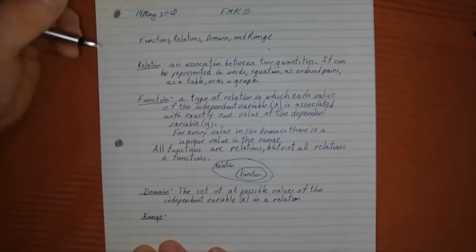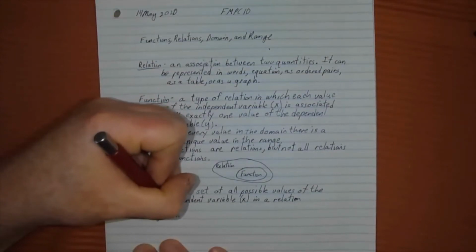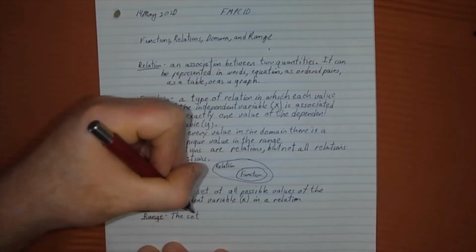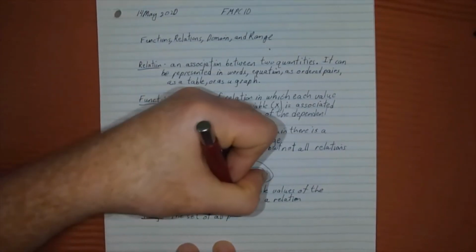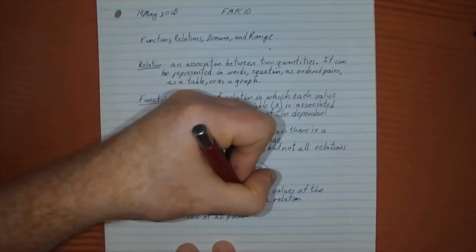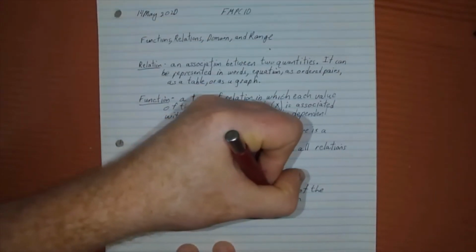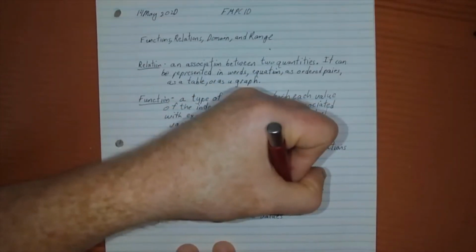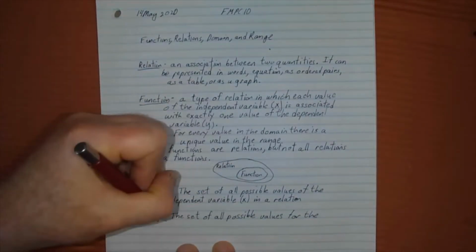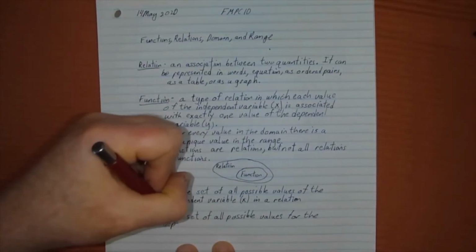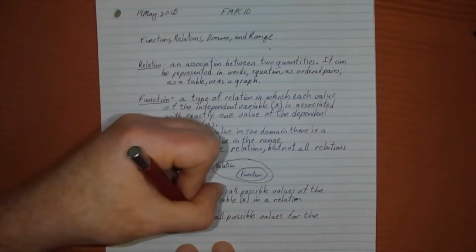So what is range? Range is slightly longer in that it is the set of all possible values for the dependent variable.